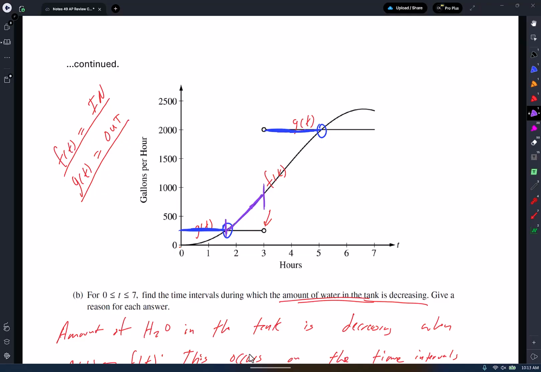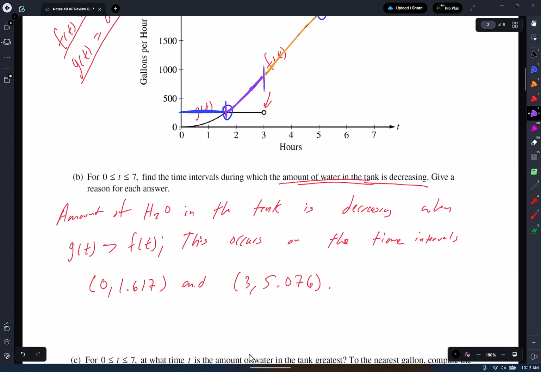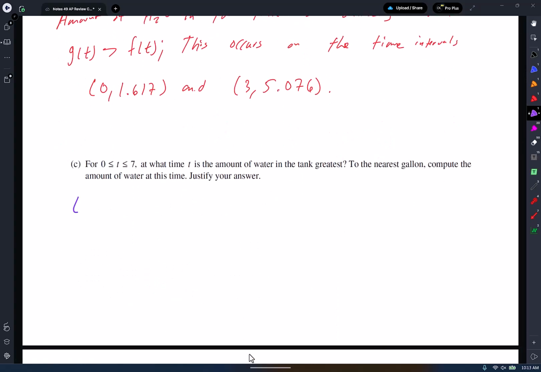Yes or no? And then, of course, this is why they probably asked letter B. This burnt orange, this is where it's decreasing again. And then back to this purple part, I am increasing. So I'm going to make a table, T, and then I'm going to say amount of water. I can't even spell amount.